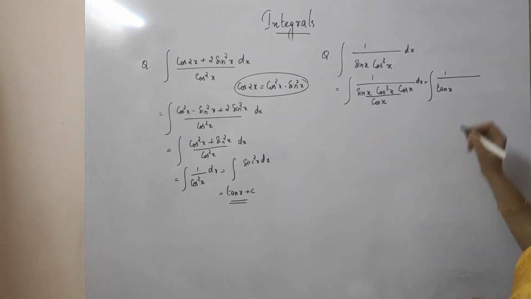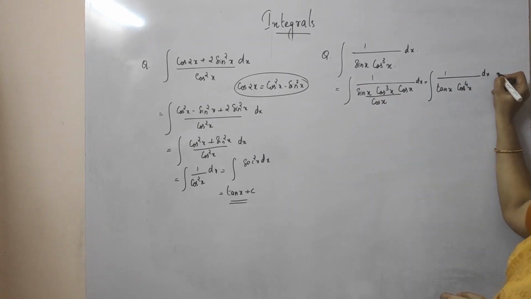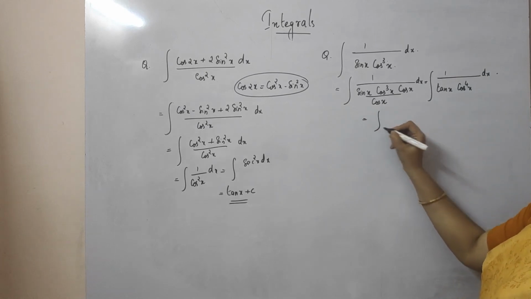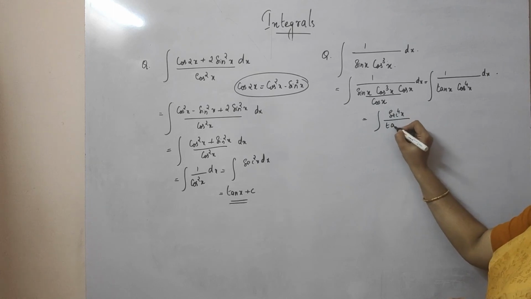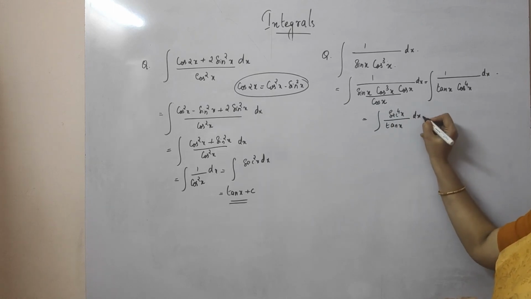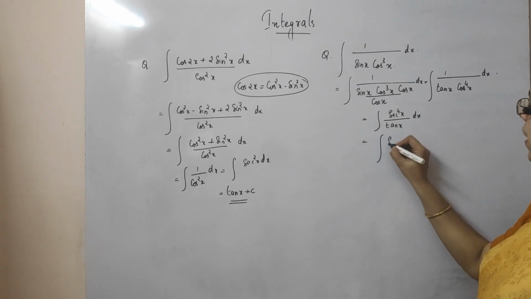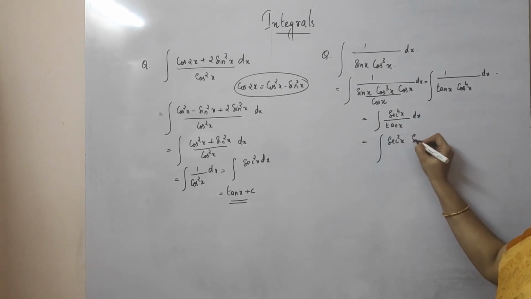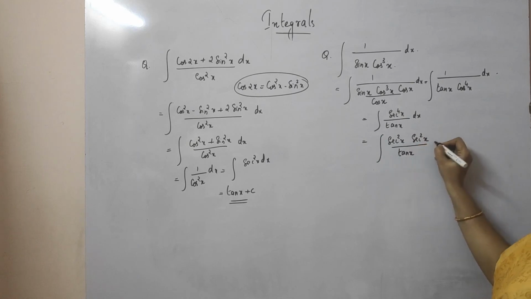This gives me tan x into cos 4x into dx. Now this is equal to integral of sec raised to 4x by tan x into dx. Now sec raised to 4x, I can write it as sec squared x into sec square x by tan x into dx.